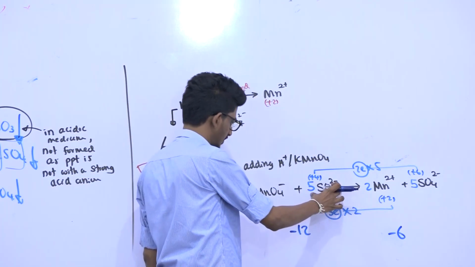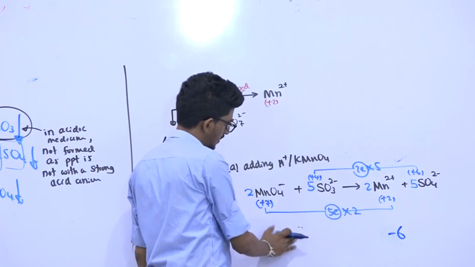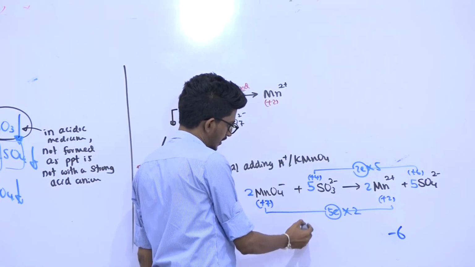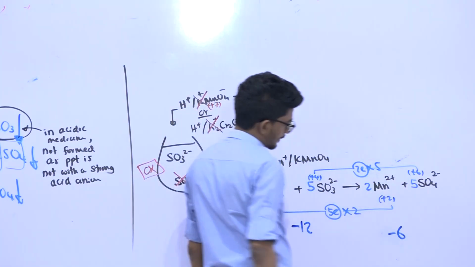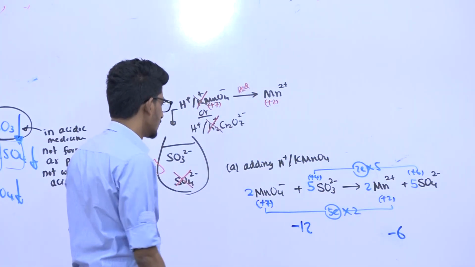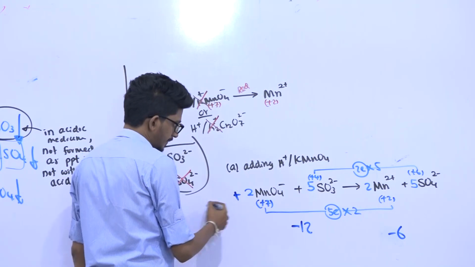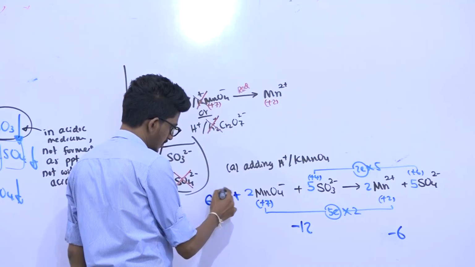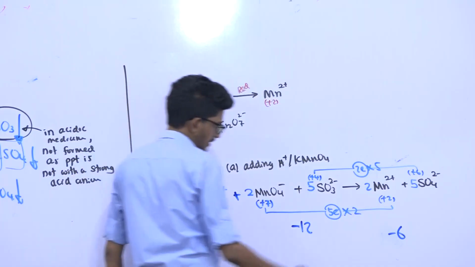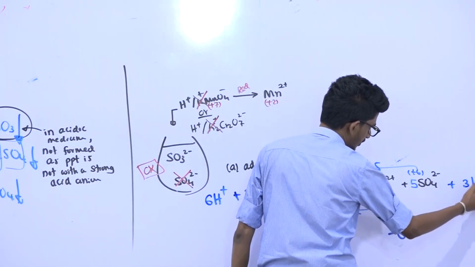Minus 2, so minus 5, sorry minus 7, no? Sorry, minus 10, minus 2, yeah, minus 12 is there. At this side, plus 4, minus 10, minus 6. So write 6 H pluses needed and 3 H2O.